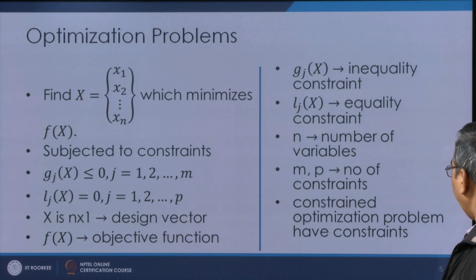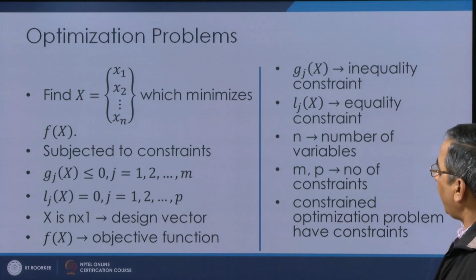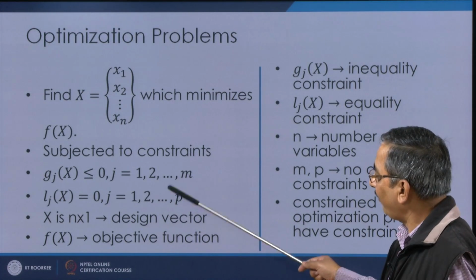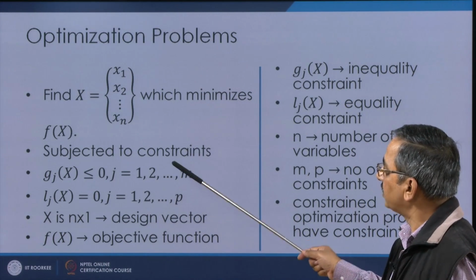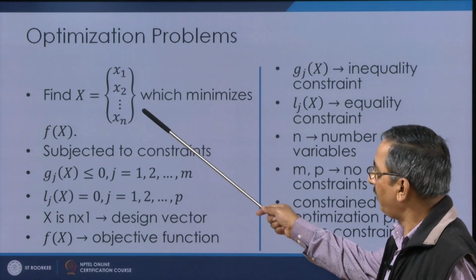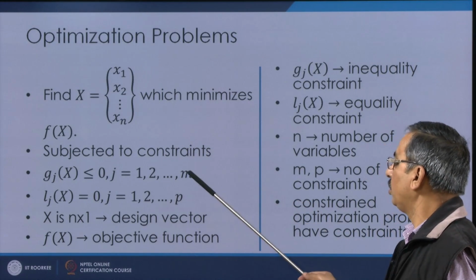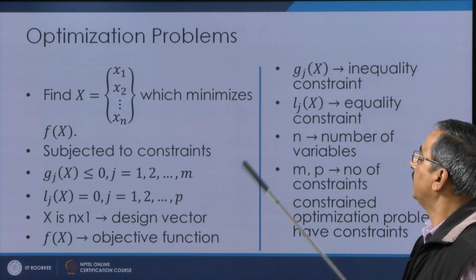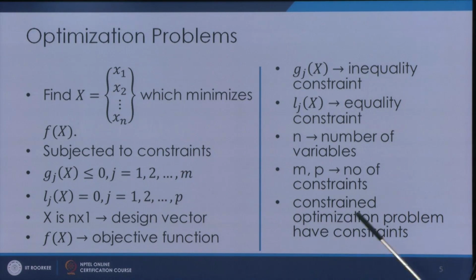These types of problems, where the design variable is subjected to certain constraints, are called constrained optimization problems. So, the constrained optimization problem has constraints in it.